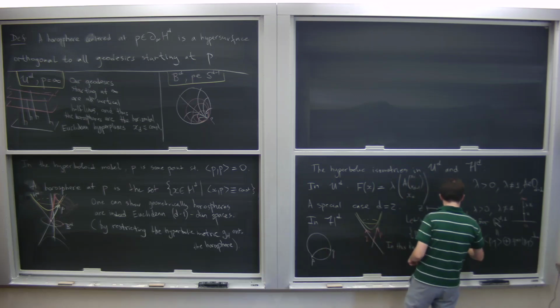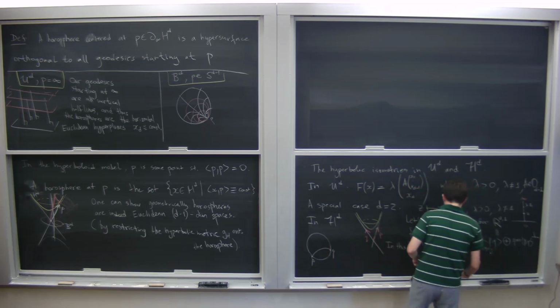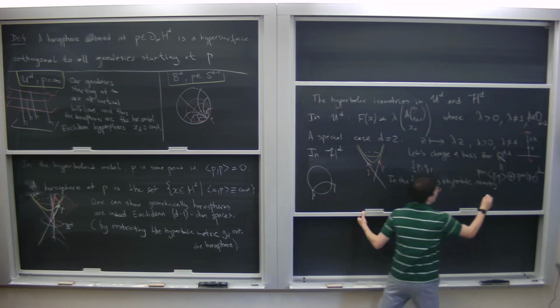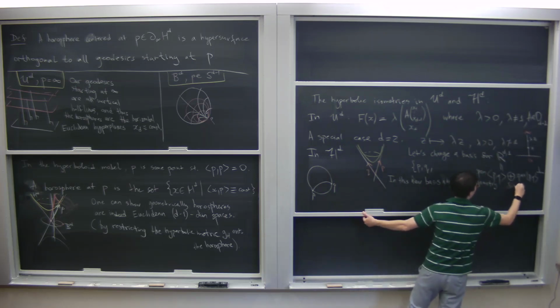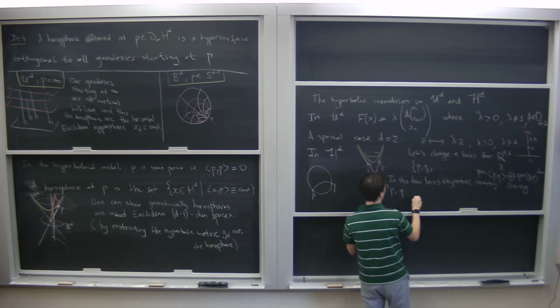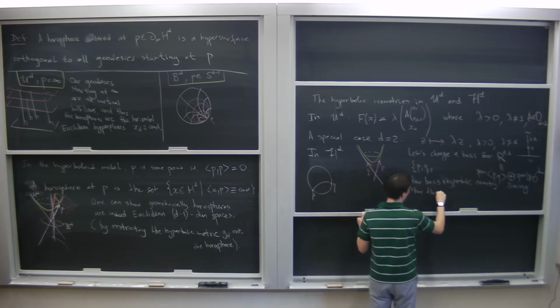the hyperbolic isometry fixing P and Q has the following form.